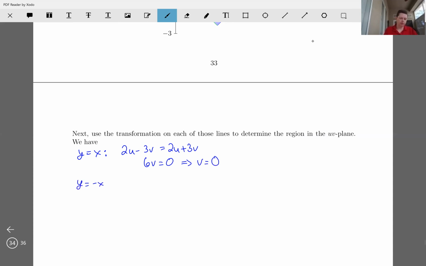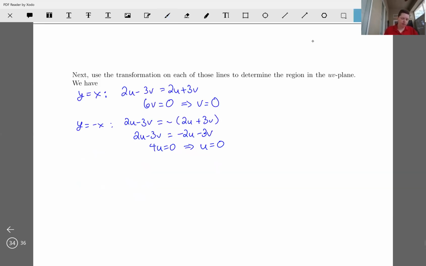For y equals negative x, we have 2u minus 3v, that was our transformation in y, is equal to the negative of the quantity 2u plus 3v. So we have 2u minus 3v is equal to negative 2u minus 3v. Add 2u and 3v to both sides, we get 4u is equal to 0, so u is equal to 0.